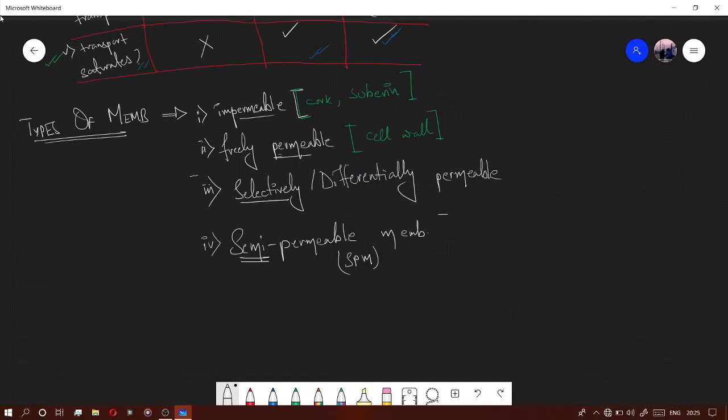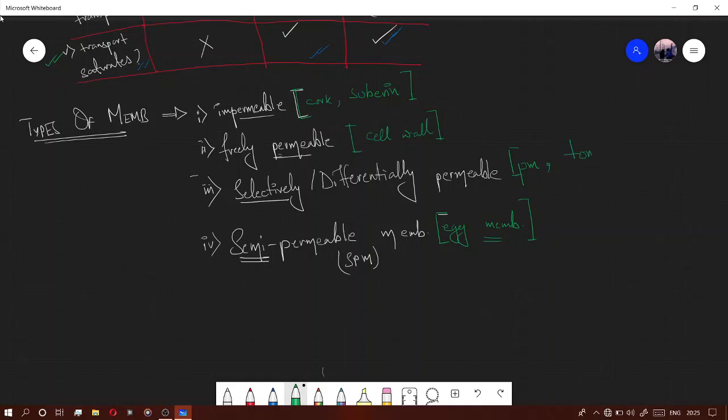Now let's write two examples. For semi-permeable, the example is egg membrane. This is also written in NCERT. For selectively permeable membrane, the example is plasma membrane. Tonoplast as well.